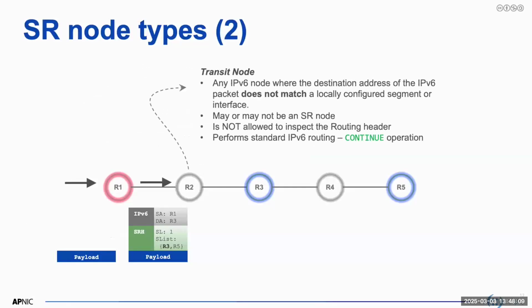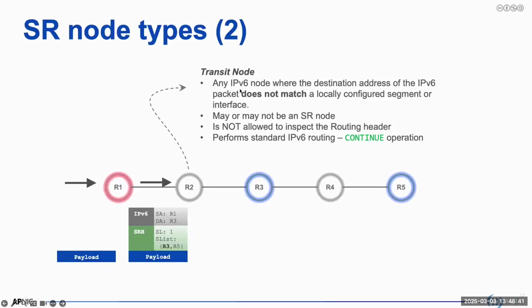The next node we have is a transit node. The transit node could be one of two cases: either it does not support segment routing, or it is not present in the list of segments. Here we can see the list of segments only has R3 and R5, and R2 is not mentioned there. In that case, R2 is acting as a transit node.